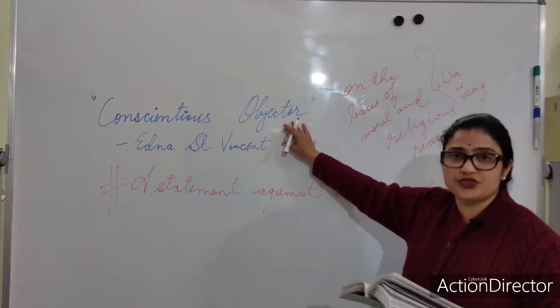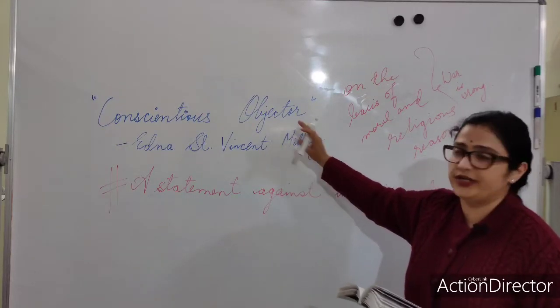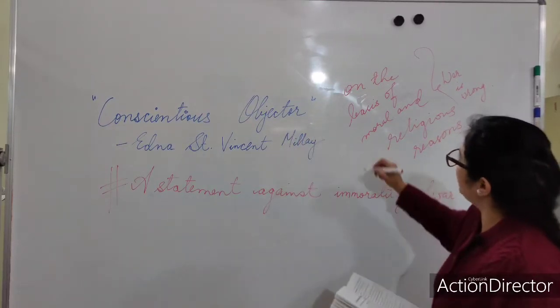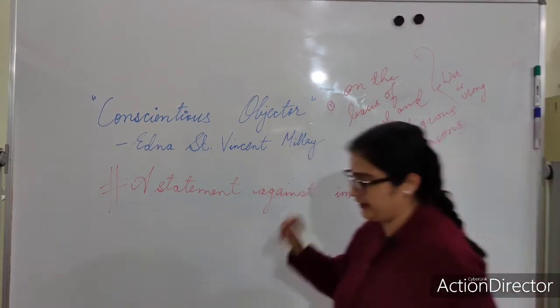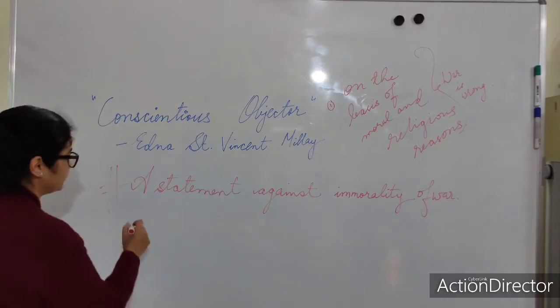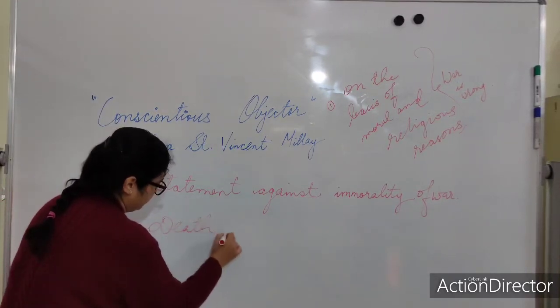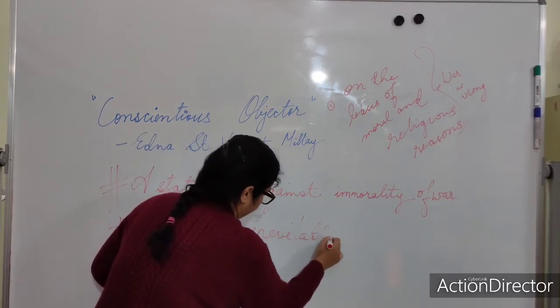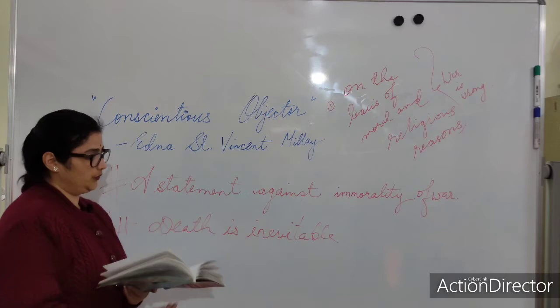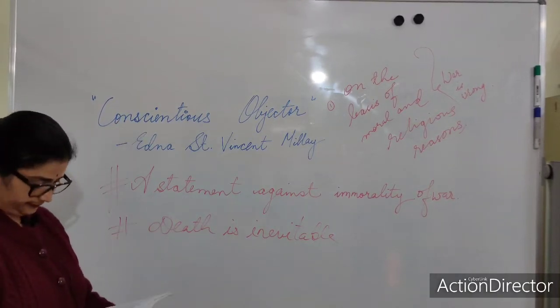How she is a conscientious objector, what she says is what we have to look into in the poem. Second thing that is there, immorality of war, तो हमने देख ही लिया. Let us discuss, write it here. She says death is inevitable. So these are 2 things on the basis of which we will study the poem.